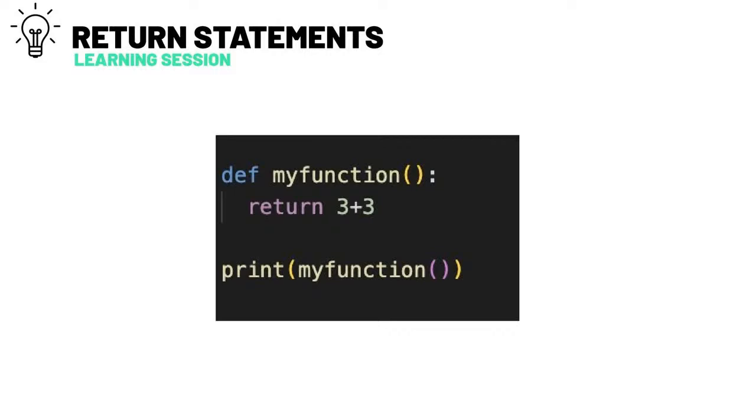I want to get everyone involved because it's our last session as well, so I want to make it as interactive as possible. What do we think is going to happen with this little output? When it says print my function, what is it going to print? Does anyone want to have a go?